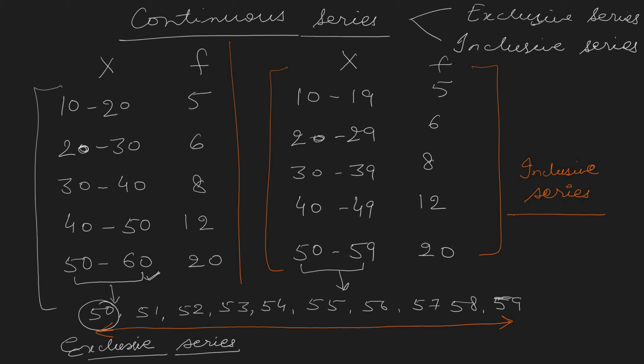Why is it known as inclusive series? Because all the values, 50 to 59, are written here. There is a lower limit and an upper limit, and both values in this class interval are included, from 50 to 59. So there is no exclusion of any value.